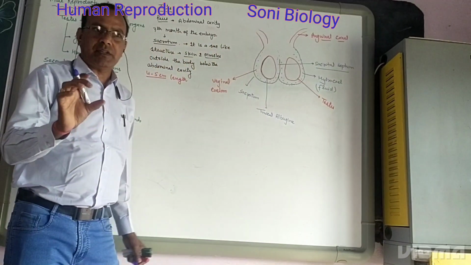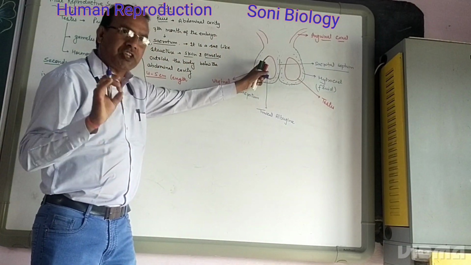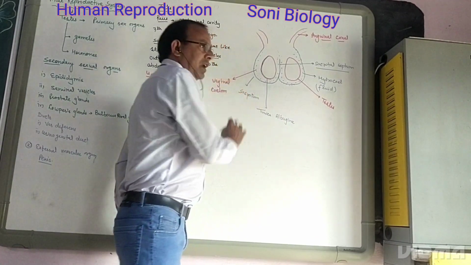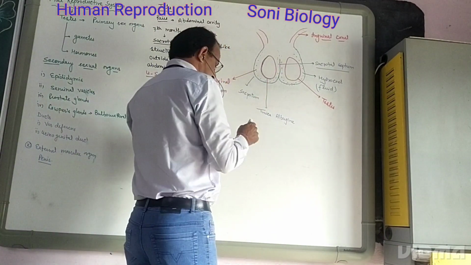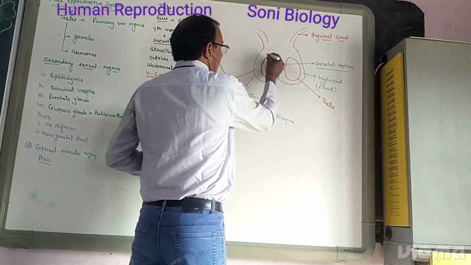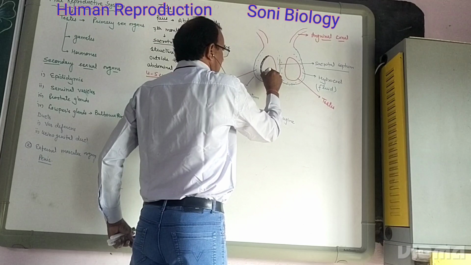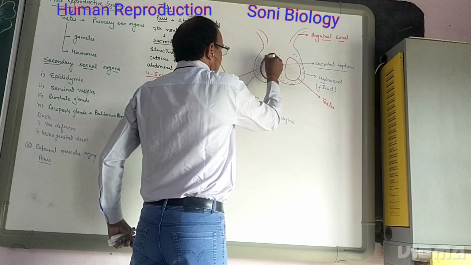There are two membranes that cover the testis. One is thin, called tunica albuginea, and the second one is another protective layer, called tunica vaginalis.